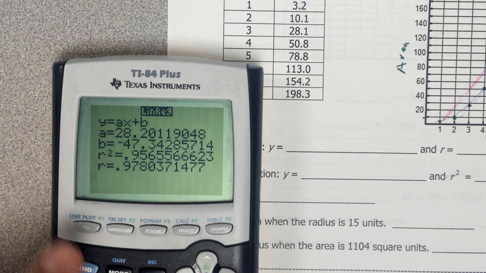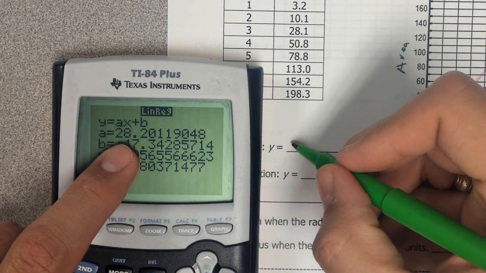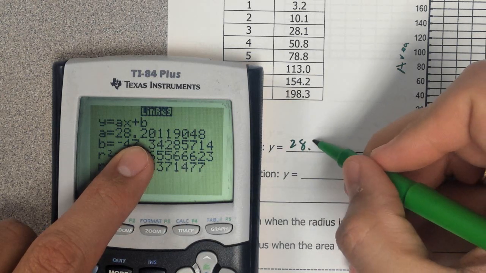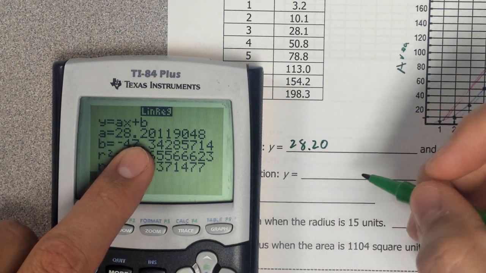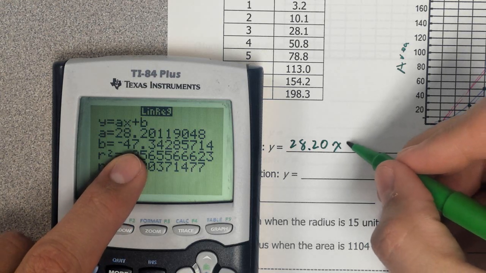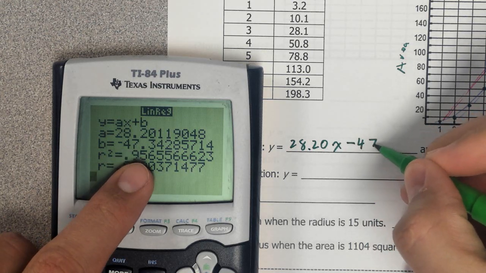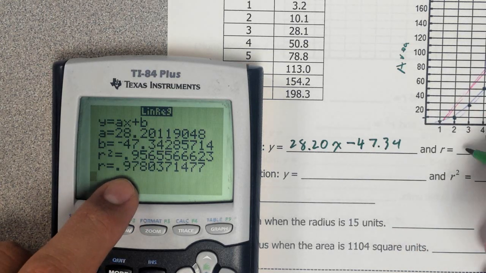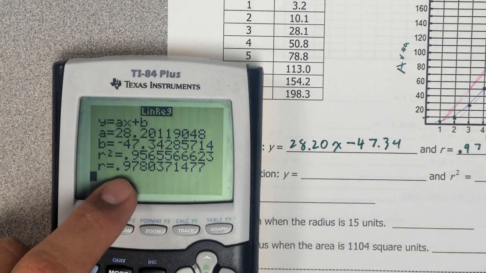It says round to 2 decimal places, so y equals 28.20x, my b value is minus 47.34, and my r value is 0.9780. It says 4 decimal places.